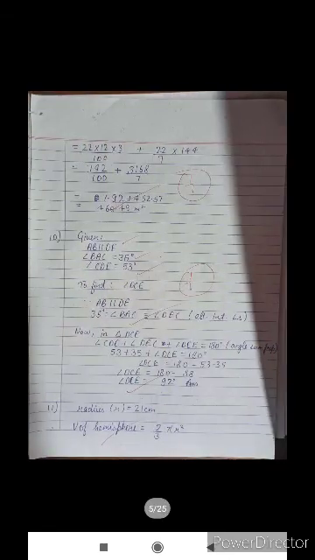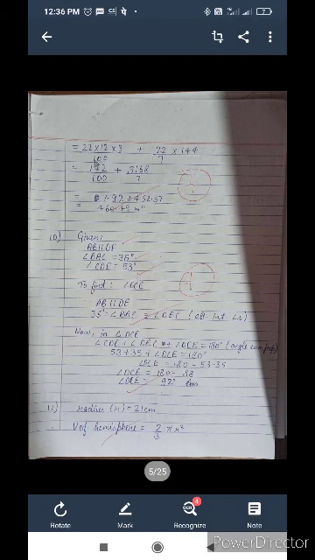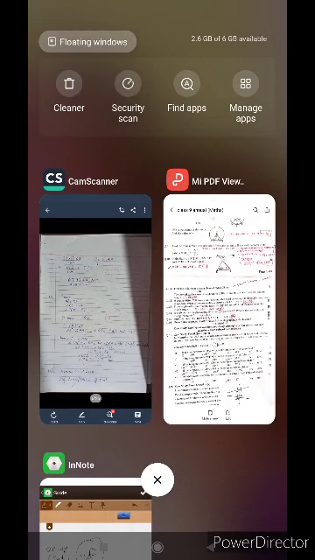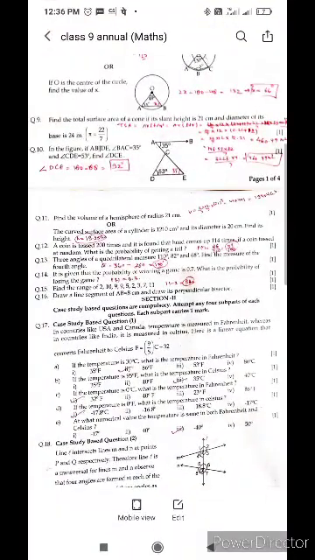On solving we get 460.49 square meter. So this was the total surface area.